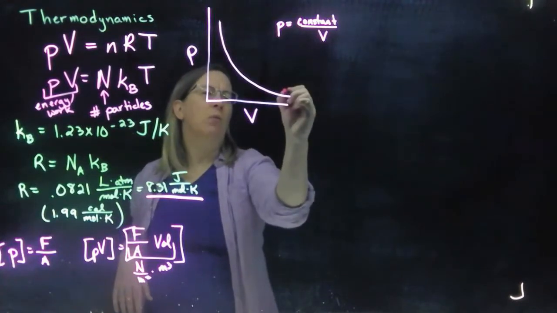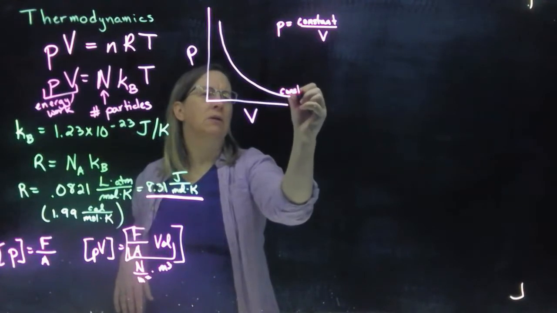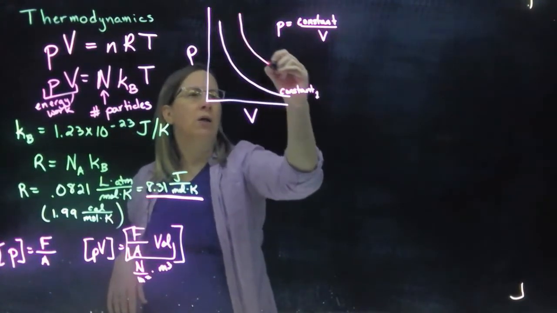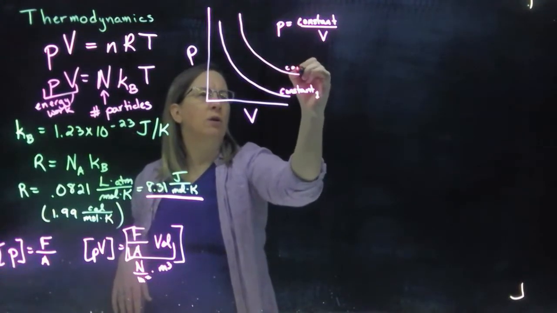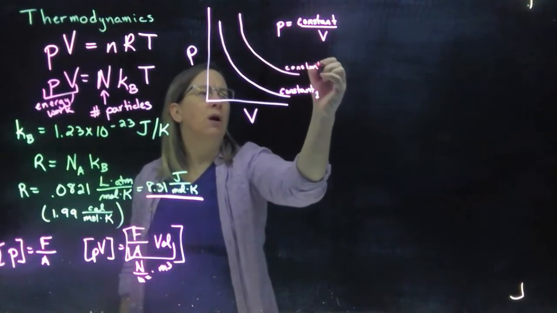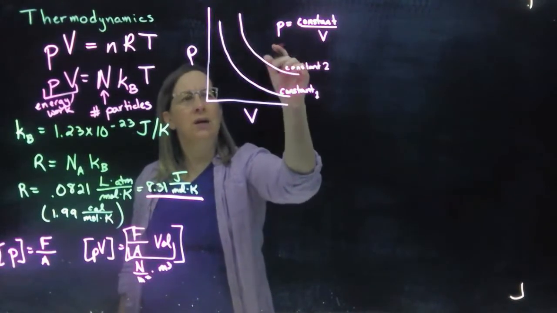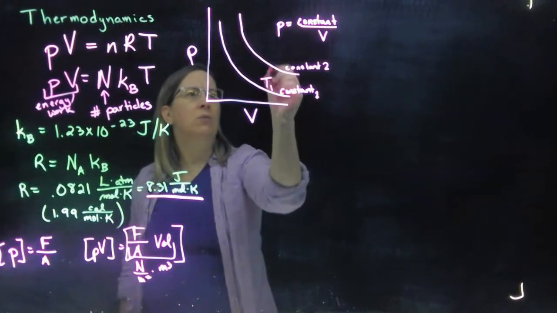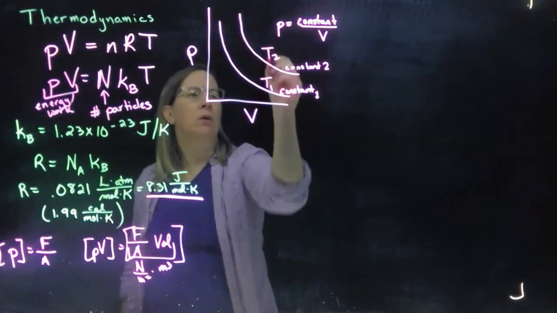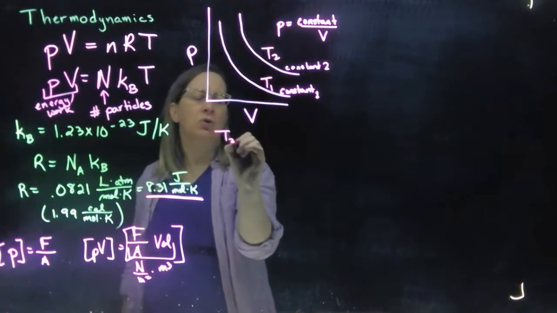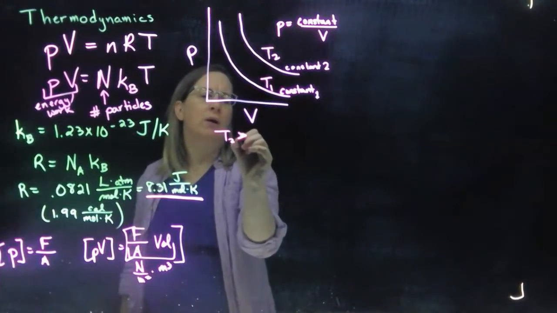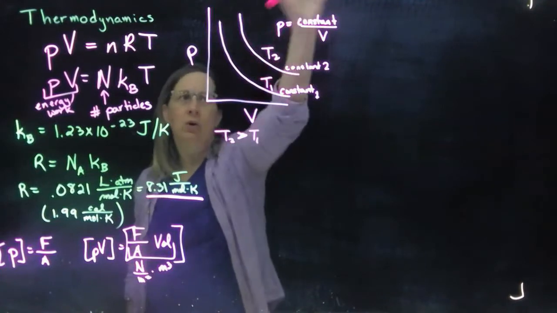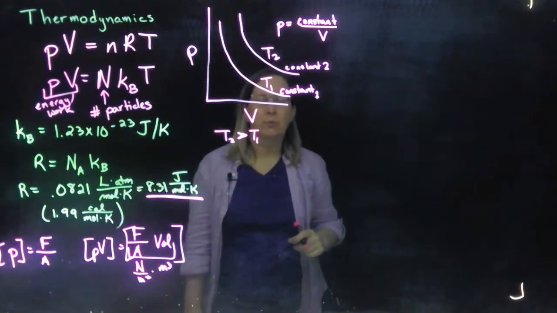This would be at one constant number, and then you can get another curve for constant number 2. This is actually a higher temperature than this one, so this would be a T1 and a T2, where temperature 2 is greater than temperature 1, because this constant would be bigger, which shifts the curve out a little bit.